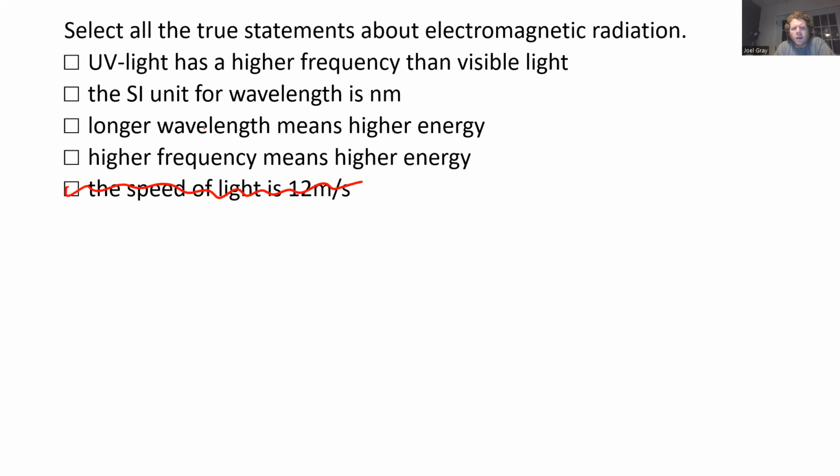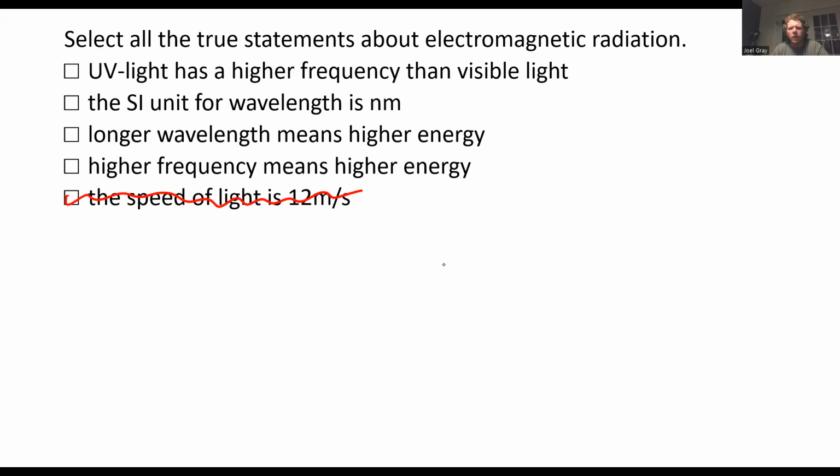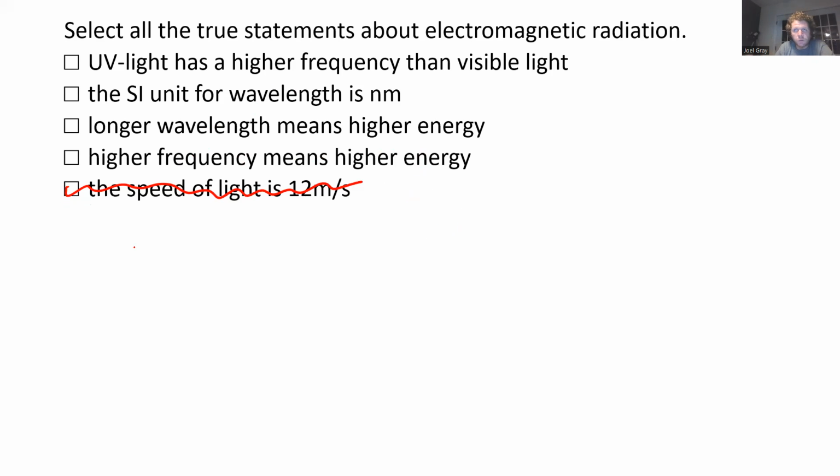Next up is higher frequency means higher energy. One of the things that's important to know about electromagnetic radiation and wavelength and the energy spectrum is the relationships between the different types of radiation.